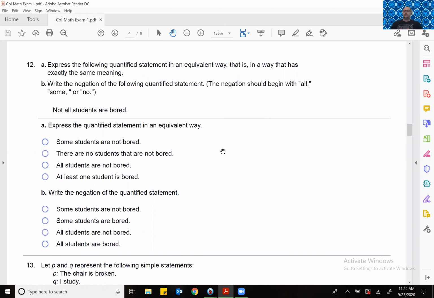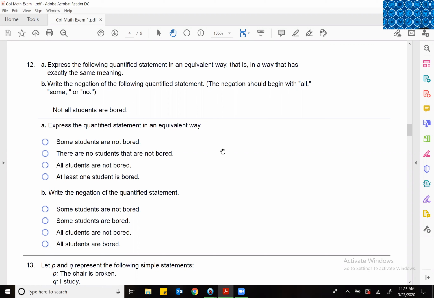So number 12. It says, express the following statement in an equivalent way for part A. So it wants to know which one is equivalent. For part B, it says, write the negation of the following statement. These were kind of a pain.